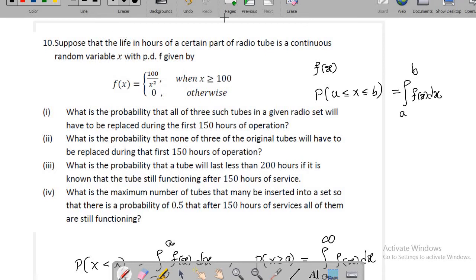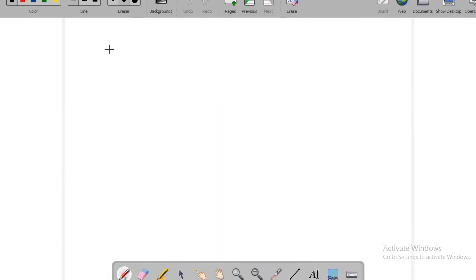So now you can see that x is a random variable which represents the lifetime of a radio tube. So the first question they are asking, what is the probability that this lifetime will be less than 150 hours?